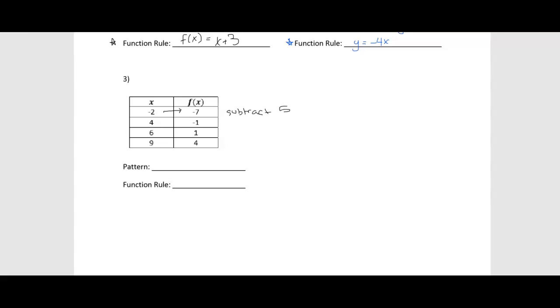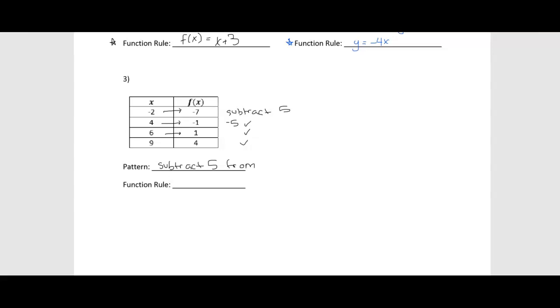Okay, let's check it here. 4 minus 5, does it subtract 5? Yes. 4 minus 5 is -1. Check it here. 6 minus 5, is that 1? It is. And then 9 minus 5, is that 4? It is. Okay, so my pattern is subtracting 5 from x.